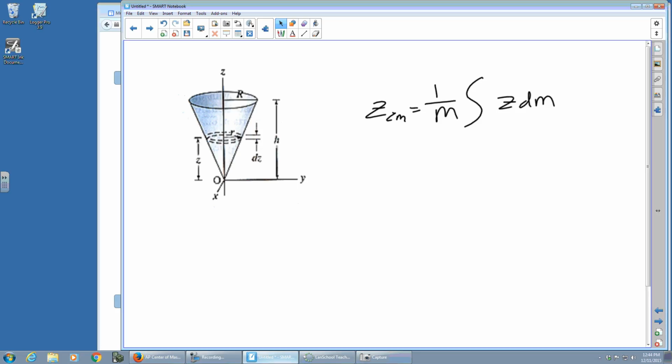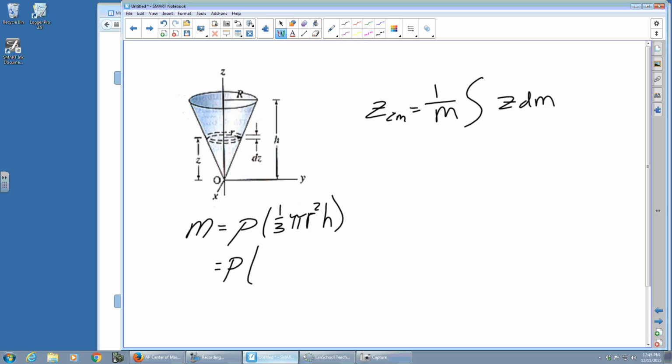Okay. So the mass of this is going to be rho times its volume, and its volume is 1/3 pi r squared h. In this case, that r should be large, 1/3 pi capital R squared, and the height of this one is h, so we can leave that in h. So that's our mass.